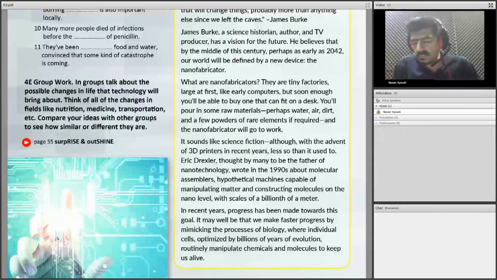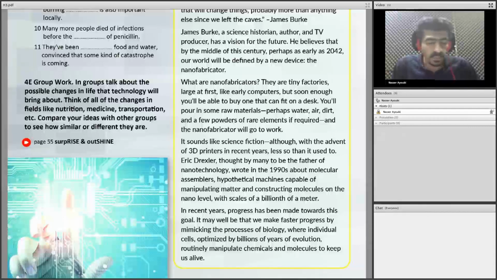It is so probable that we make faster progress by mimicking, by copying, by imitating the processes of biology, something that happens in nature, where individual cells, optimized by billions of years.